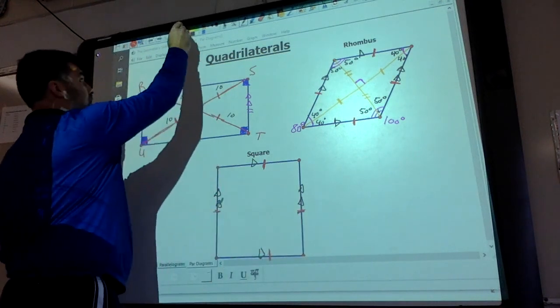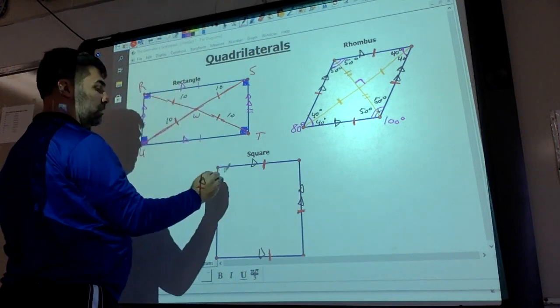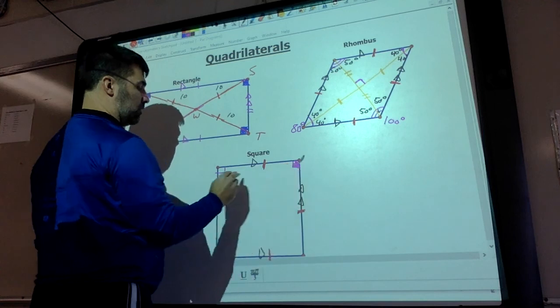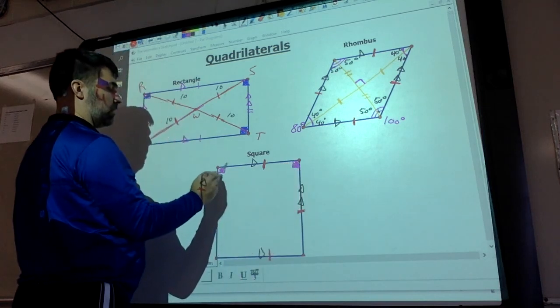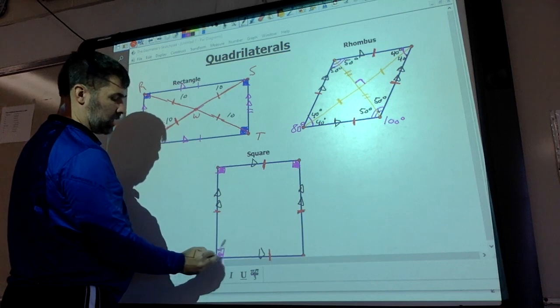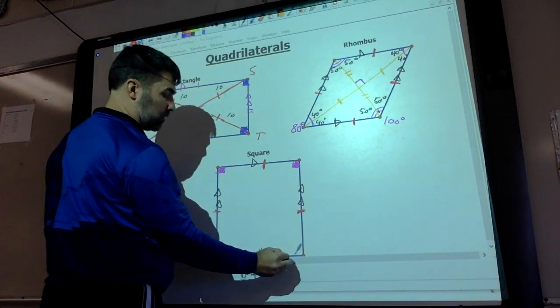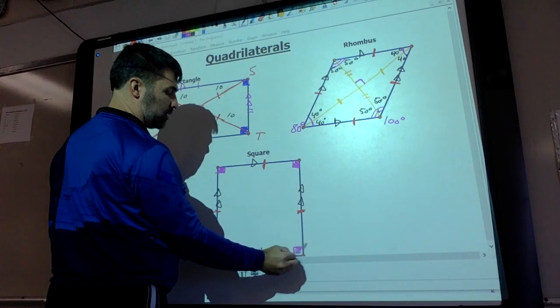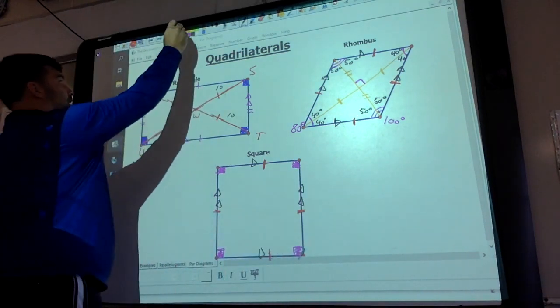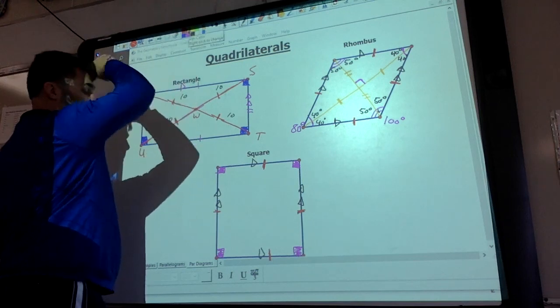We also know in a square that these are going to be 90 degrees. All right, so that makes opposite angles the same. That makes consecutive angles 180. So that's 4 of the 5 properties of every parallelogram. All right, then the 5th one talks about diagonals.